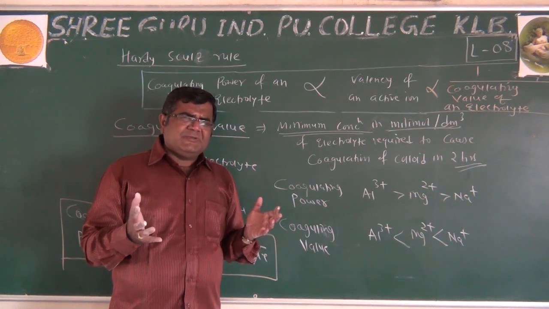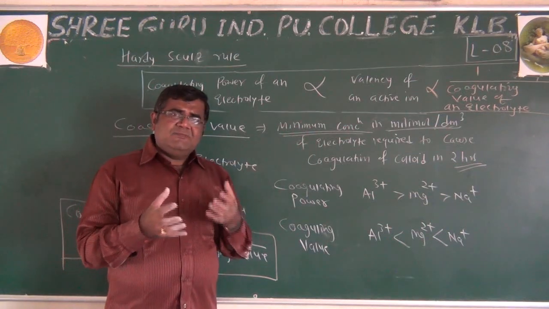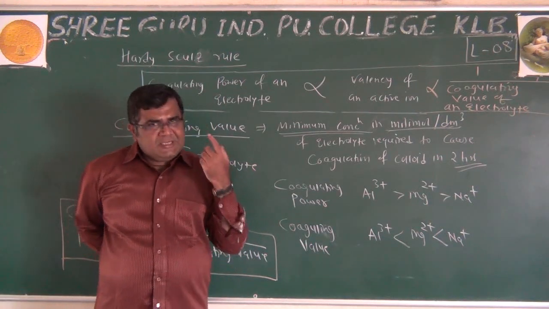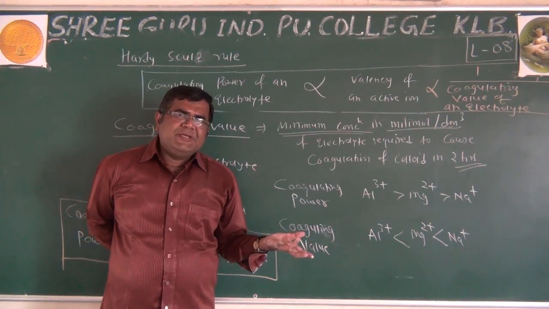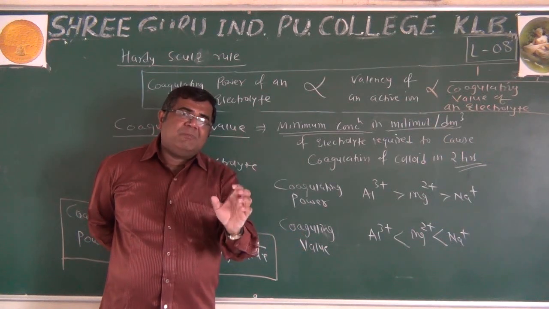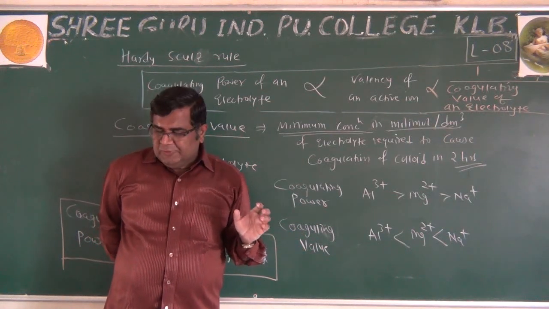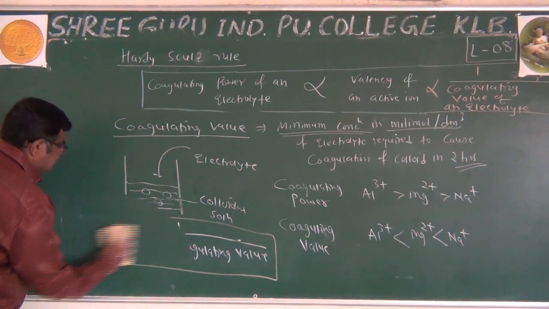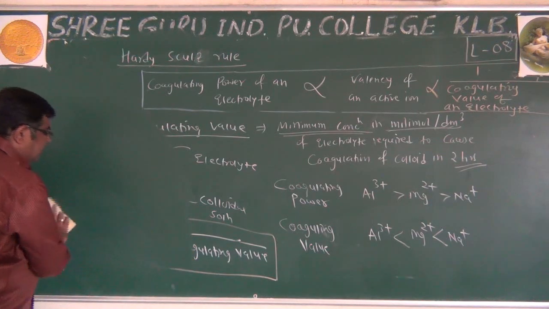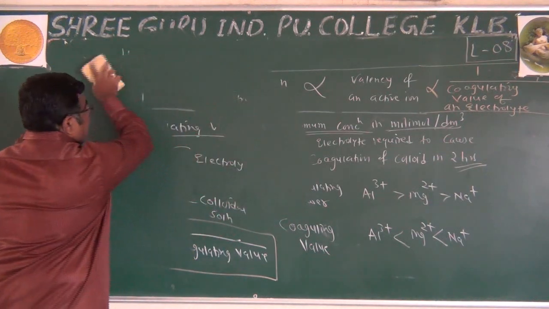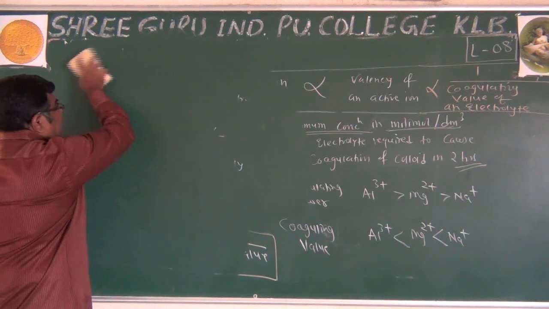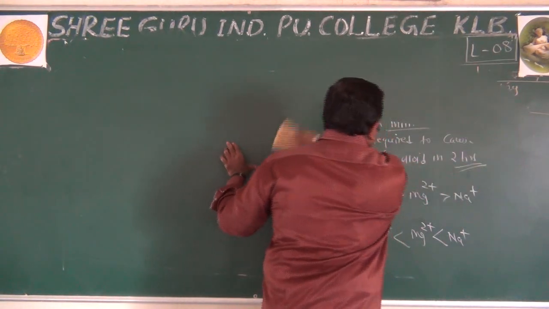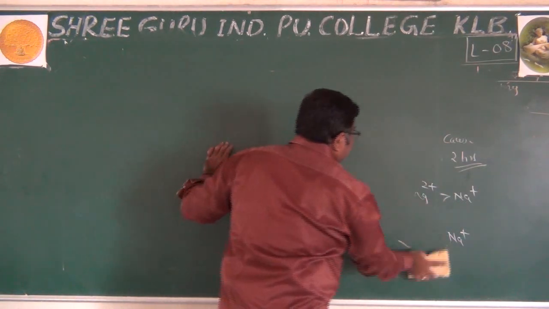Not a difficult question, but if the concepts are not clear, students will get confused, and there is a possibility that a question can be asked on that particular part. So we should be very careful. Many such MCQs are there in our study material on coagulating power and coagulating value, and your concepts will be clearer after solving those questions.